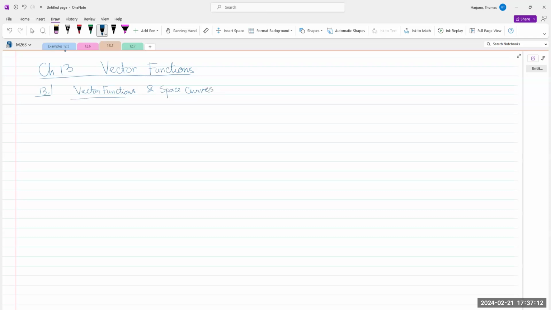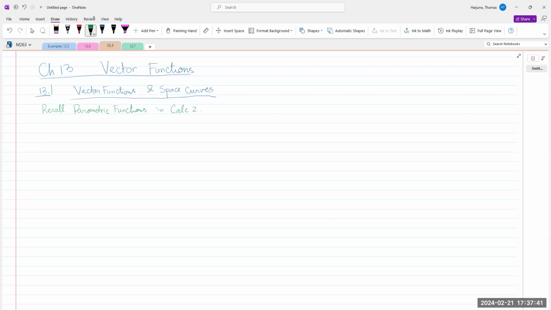The foundation for this section actually comes from your parametric equations or parametric functions in Calculus 2. Recall parametric functions or parametric equations in calculus 2.